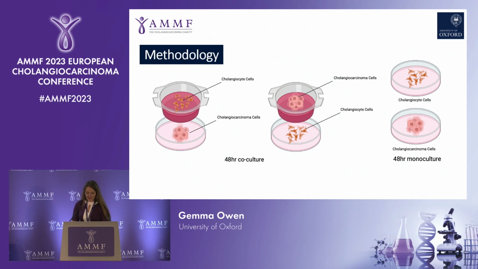Therefore, we decided to investigate the effect of paracrine signalling on cholangiocyte cells and cholangiocarcinoma. We used a 2D Transwell system to evaluate the behaviour change of our cholangiocyte cells when grown in indirect co-culture with cholangiocarcinoma. We used an intrahepatic cholangiocarcinoma cell line CCSW1 and an immortalised cholangiocyte cell line MMNK1.